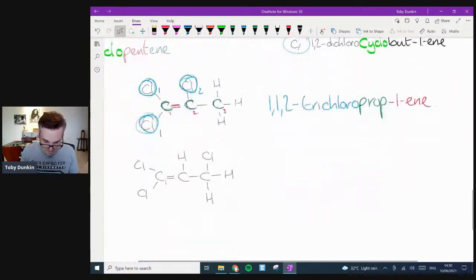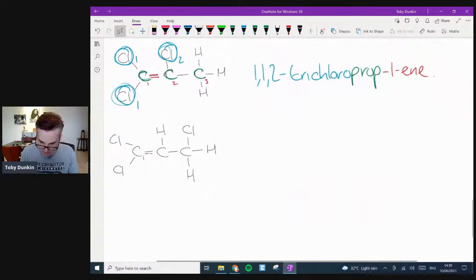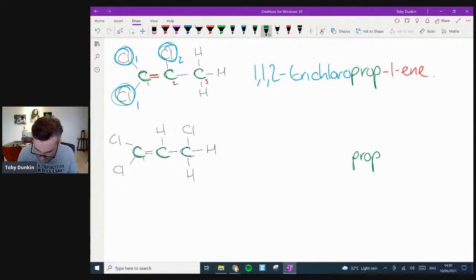Let's go for the next one. How about this one? Once again, same process. Step number 1, longest chain. Still based on prop. And it's still going to be a 1-ene. So the ene is between 1 and 3. Is it possible to be 1, 3, 2?